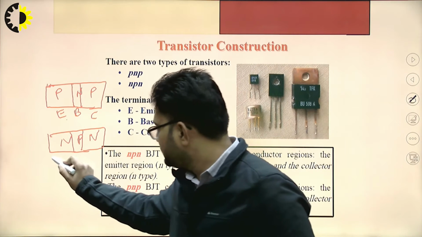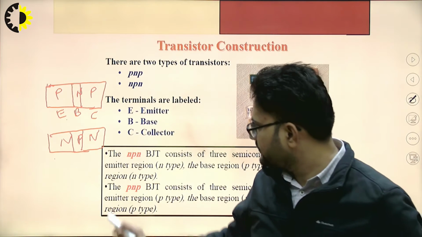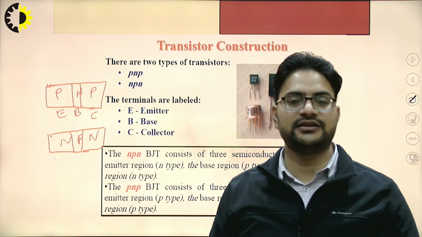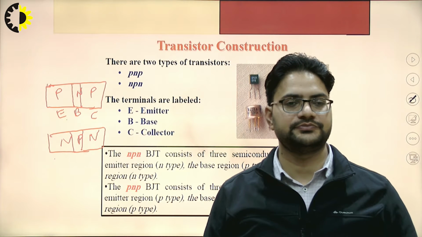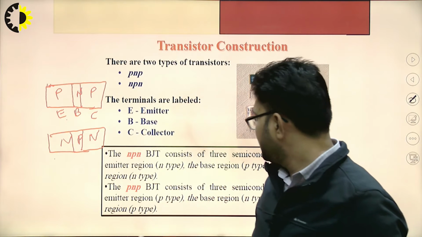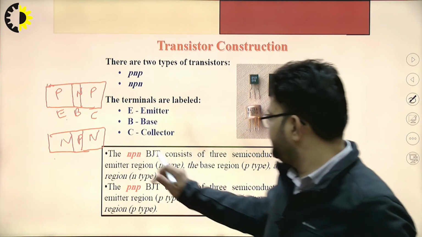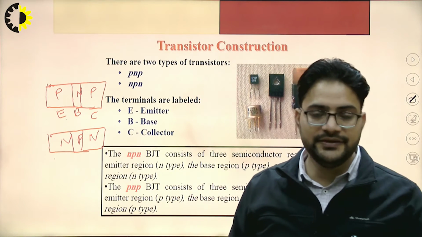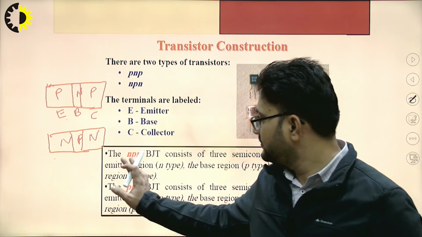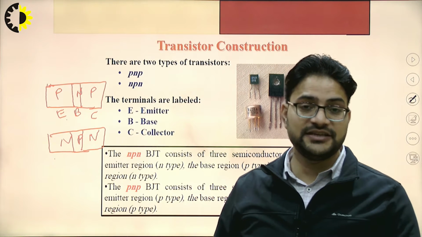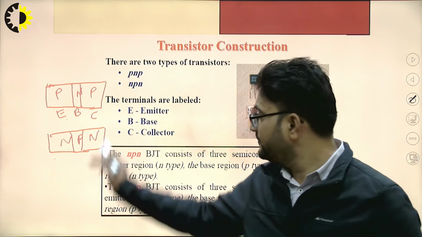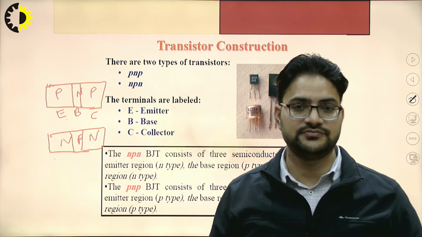So these are the two types of semiconductors basically. Based on the applications, we use the PNP or NPN transistor, right?